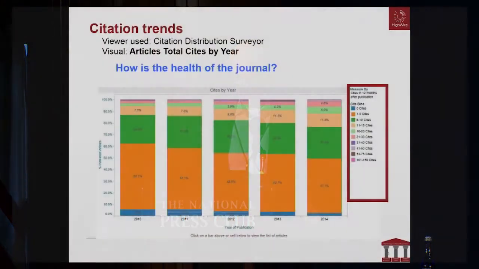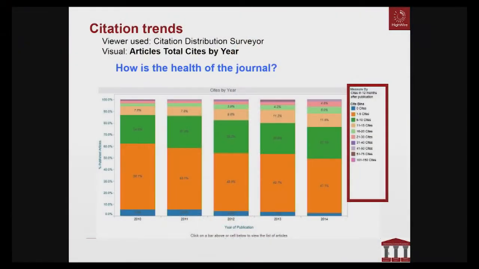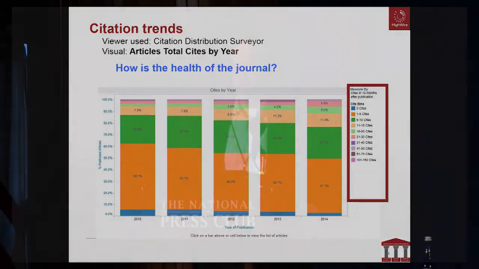Early citations, we think, are an indicator of future citations in terms of the popularity or the momentum or the potential for future citations. And it's an important metric to measure. And then if you look at the top line bar, those in purple or actually in red, the darker colors at the very top of the bar chart indicate those highly popular articles in their first year of publication.